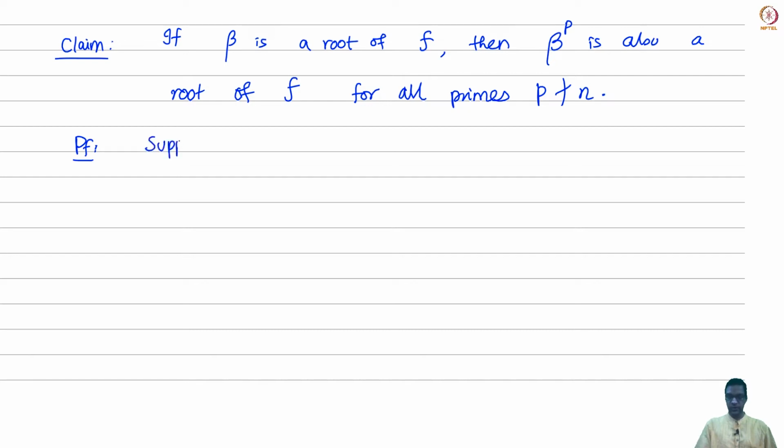Okay, suppose not. So observe, if beta is a primitive nth root of unity, and p is relatively prime to n, then beta to the power p is also a primitive nth root of unity.